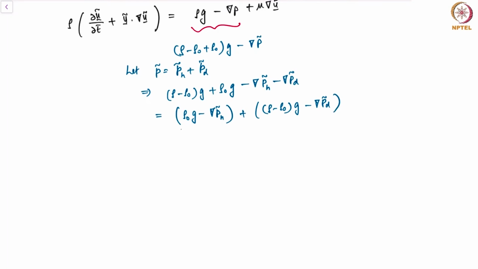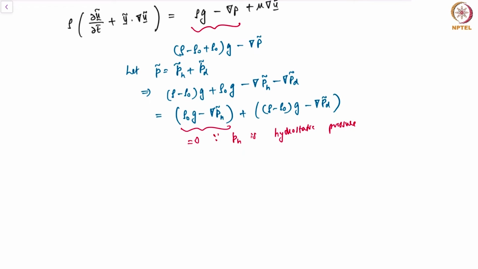So this first term can be assumed to be 0, since pH is hydrostatic pressure. I define a hydrostatic pressure such that the gradient of this hydrostatic pressure is exactly equal to rho naught times g, where rho naught is the constant density of the fluid.